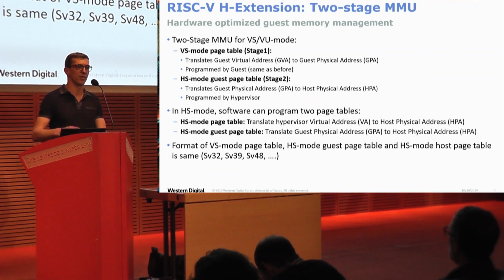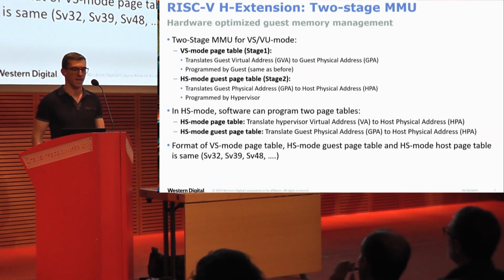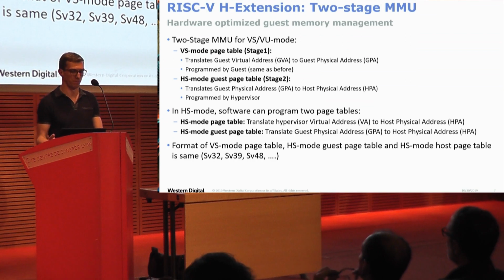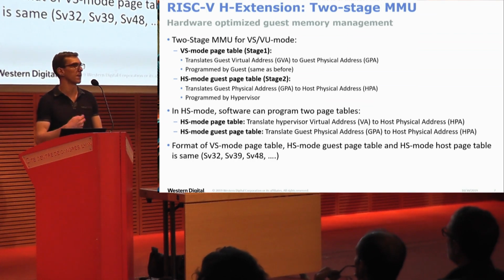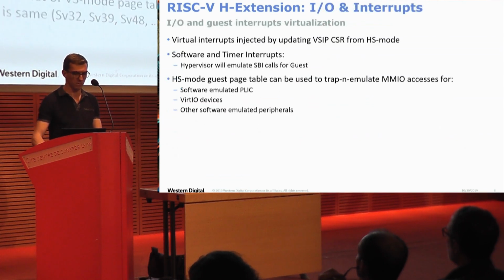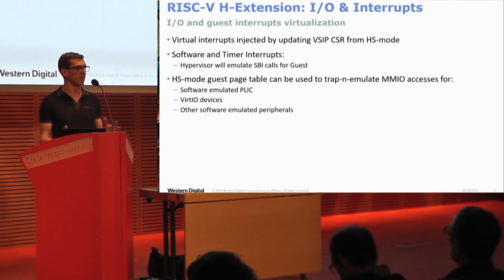And then the second stage is controlled by the hypervisor, and it has to set that up as it needs to. And that can translate your guest physical address into your host physical address. I'll talk about more details about this when I talk about implementing it in QEMU. But if anyone knows the RISC-V MMU, it kind of follows the same way. It just loops through twice, basically. So we also have interrupts and things like that, obviously.